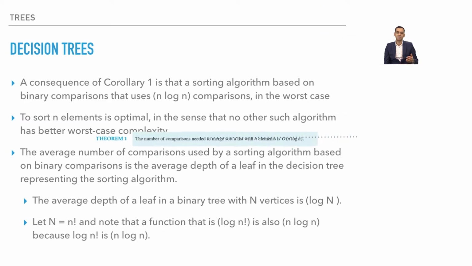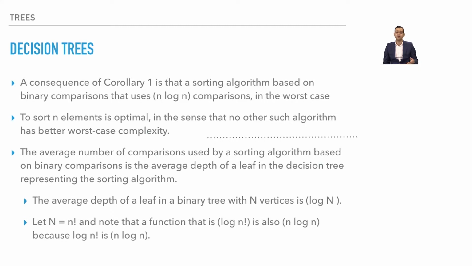We can also establish a similar result for average case complexity of sorting algorithms. The average number of comparisons used by a sorting algorithm based on binary comparisons is the average depth of a leaf in a decision tree representing the sorting algorithm. As we already know, the average depth of a leaf in a binary tree with n vertices is log n.